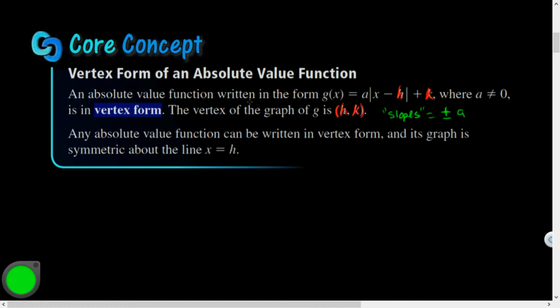I think in yours I actually accidentally had this before example 3 instead of after it, so my apologies. So your slopes are plus or minus a, your vertex is there, and then you can also find the axis of symmetry is just going to be the line x equals h. And x equals h is the mirror line, if you want to think about it that way, is what that represents.